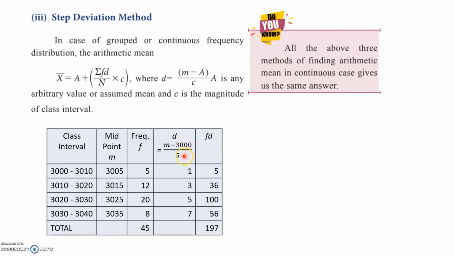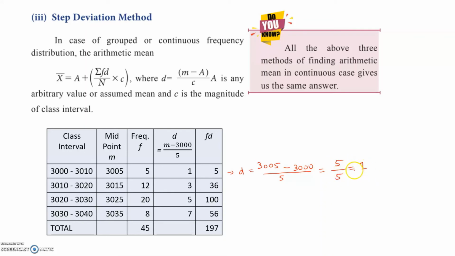I further divided it by 5, so you get 1. So let me make it easy for you to understand. Let's put each of them here. So for 3005, my d here was 3005 minus 3000 divided by 5. So that was equal to 5 divided by 5.